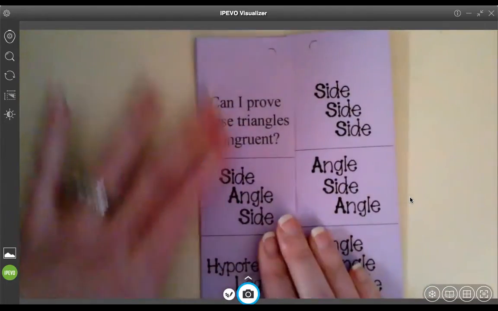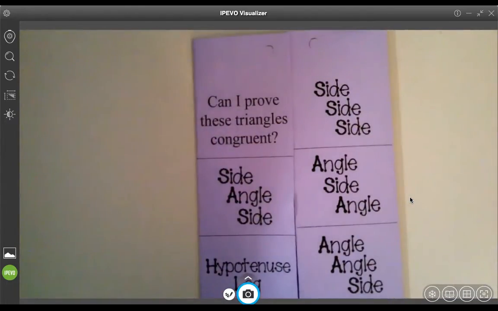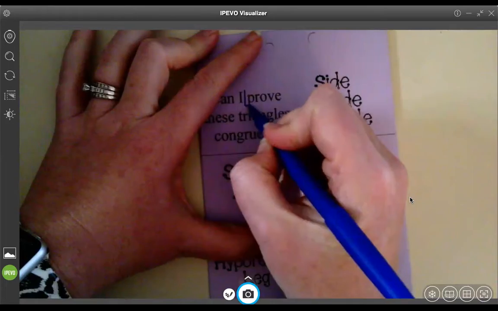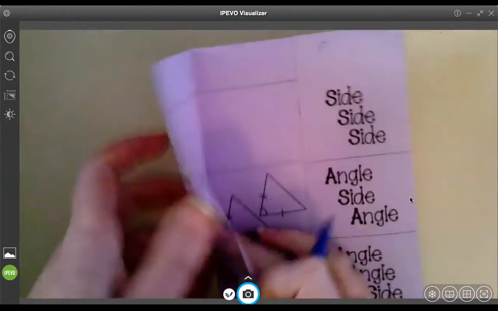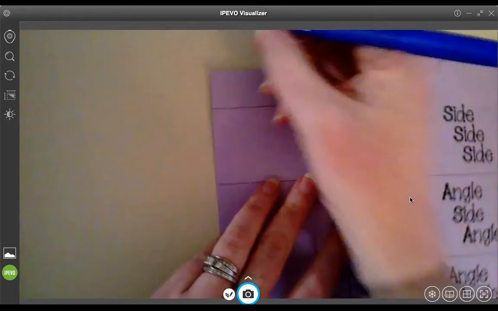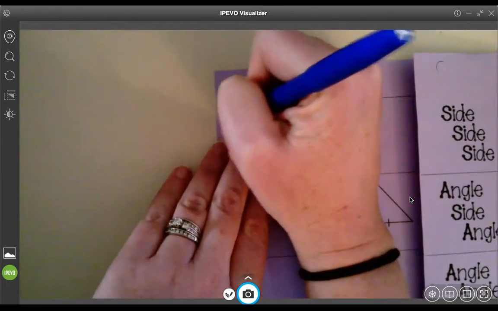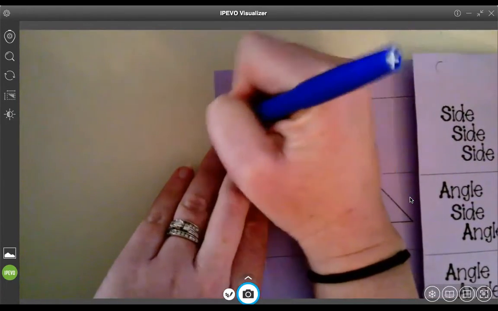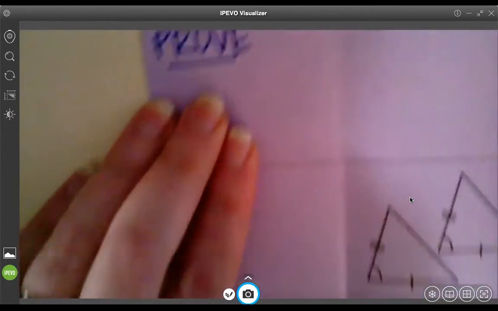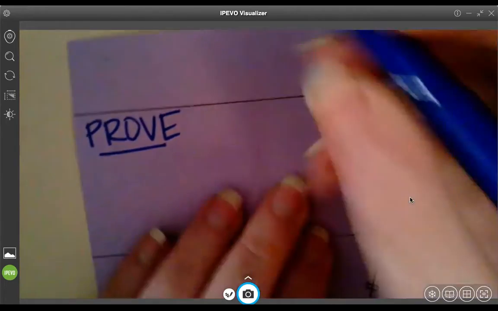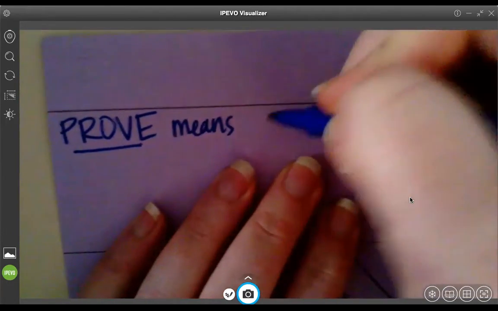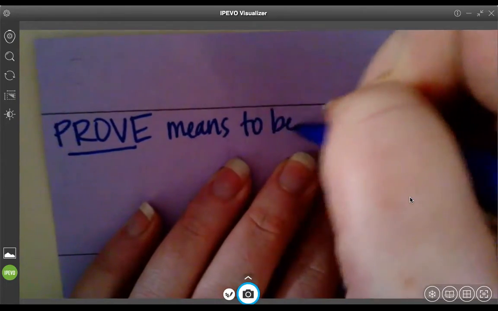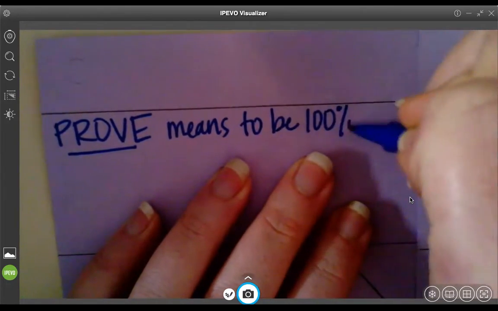So the first thing I want us to focus on is this word prove. So I'm going to box this in on the outside. You can highlight it if you would like. And on the inside, we're going to write that prove means that you can be 100% sure.